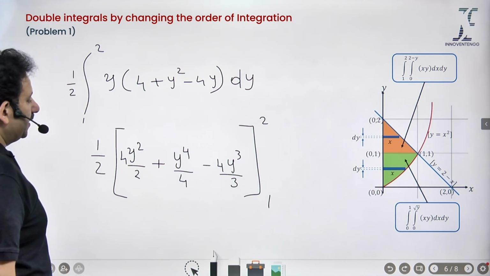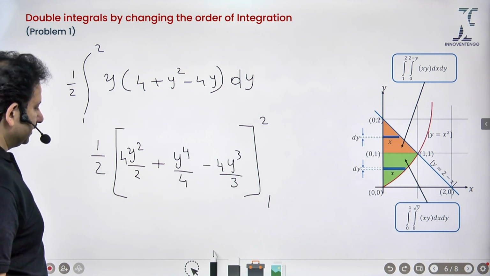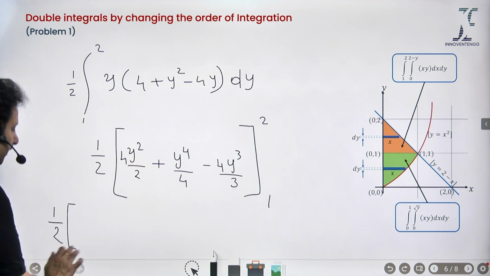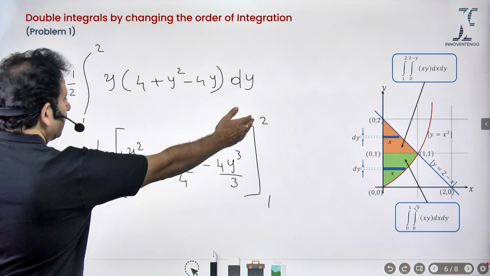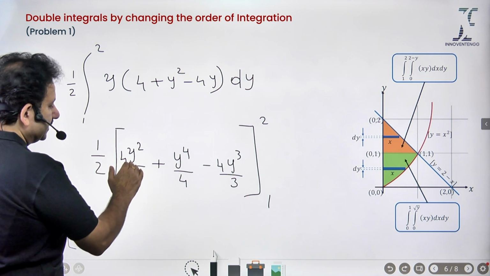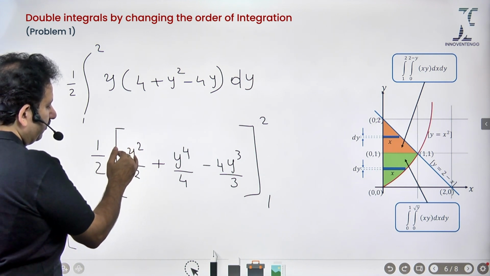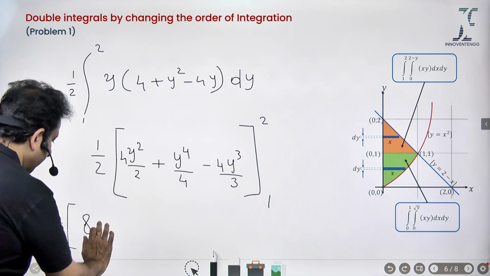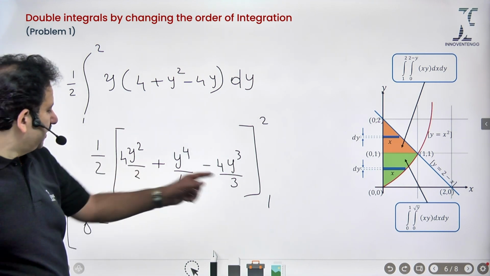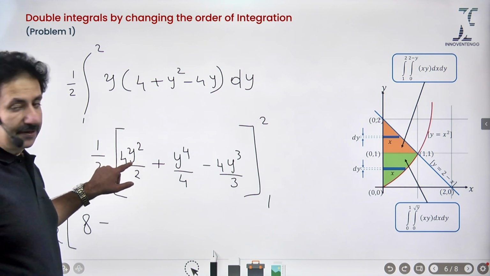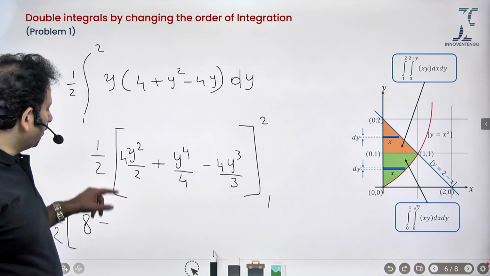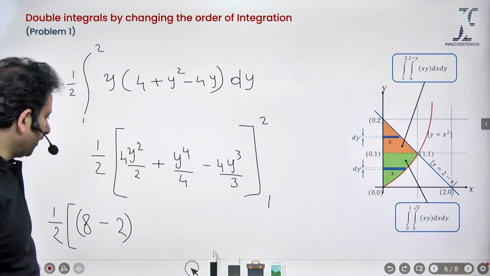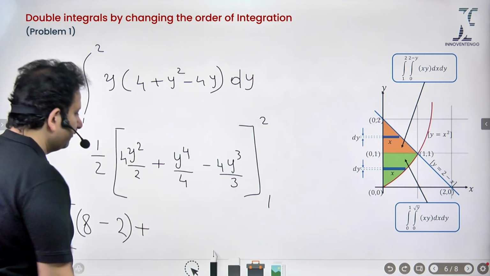Now, the upper limit and the lower limit. This is very, very simple. So now I'm going to write half as it is. When it comes to upper limit, 2 square is nothing but 4. 4 by 4 is 16. 16 by 2 is 8. Minus. What about the lower limit? If you replace y by 1, it becomes 2. So you get that for the first term. What about the next term?